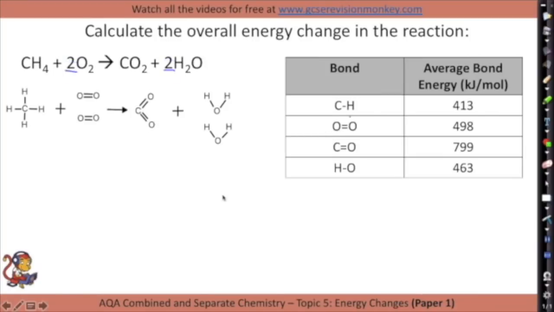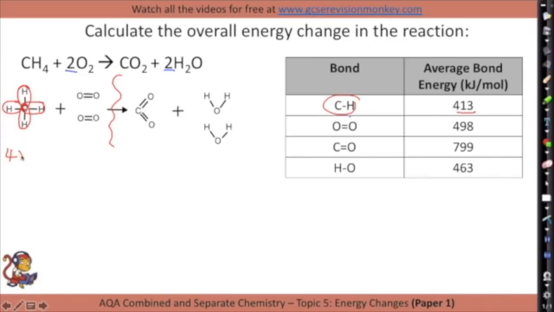So with bond energies, you need to add up all of the bond energies on the left-hand side, and then all of the bond energies on the right-hand side. So in this case, they've given you the displayed formulas, and they will do in the exam. So you need to make sure you circle all of the bonds and add all of them up. So here we have 4 CH bonds. CH has a bond energy of 413.